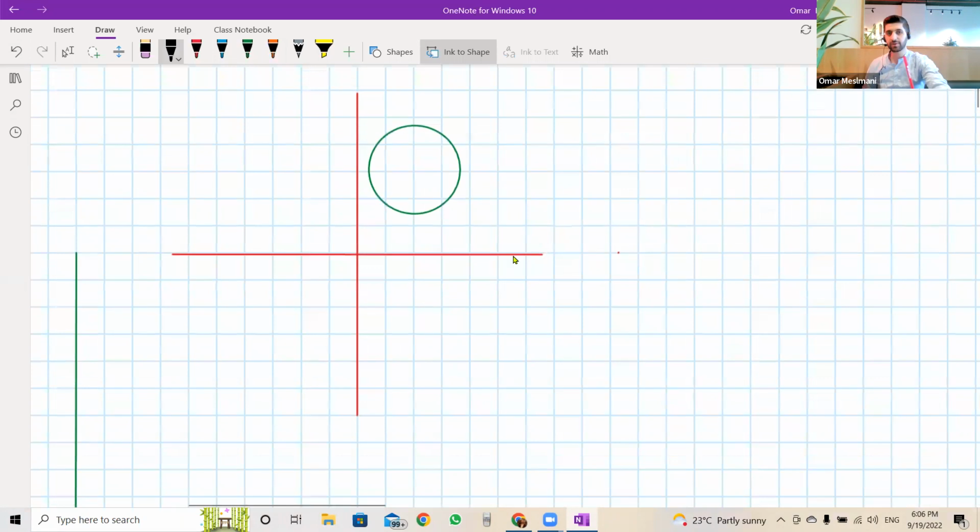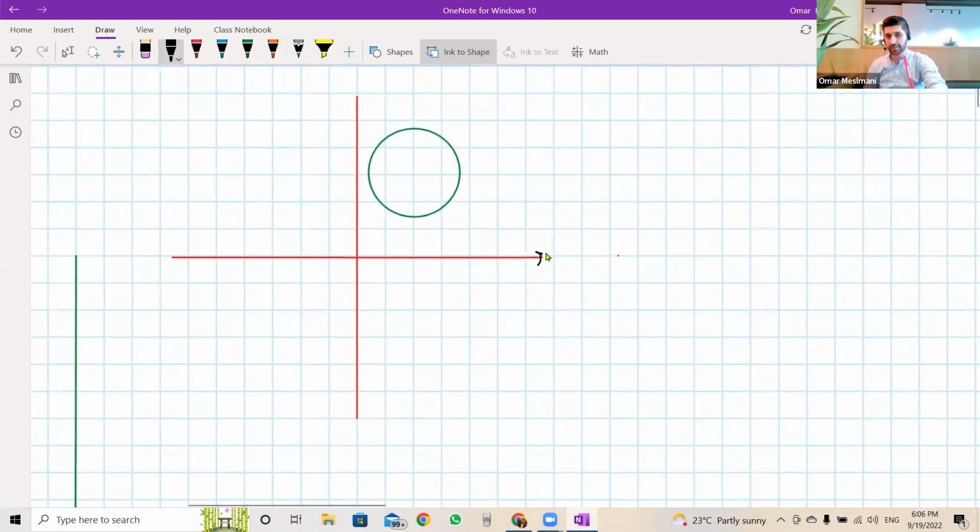If you have a circle in a coordinate plane, this is the x-axis and this is the y-axis. Because it's a circle, there is a special point, and I guess this is the center.